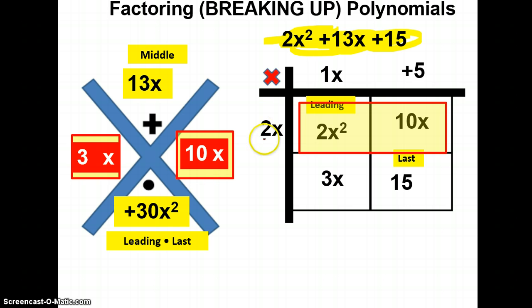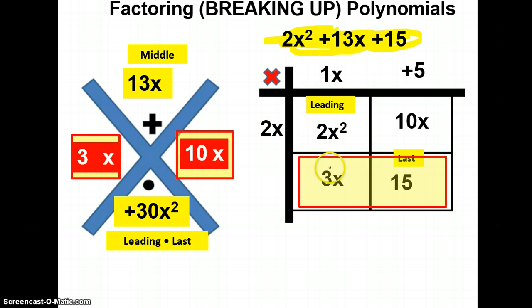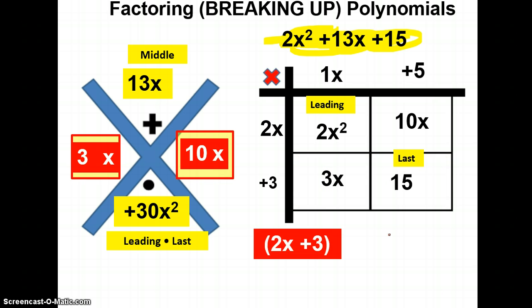Both multiples of 2. 2 times 1 is 2. 2 times 5 is 10. So let's try this next one. What are these two a multiple of? 3. Again, I'm dealing with positives because all of my numbers are positive. So my binomials are 2x plus 3 and x plus 5.